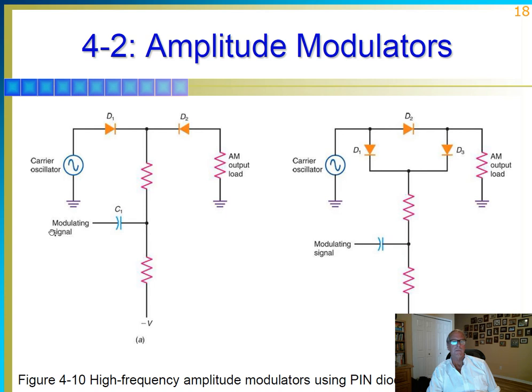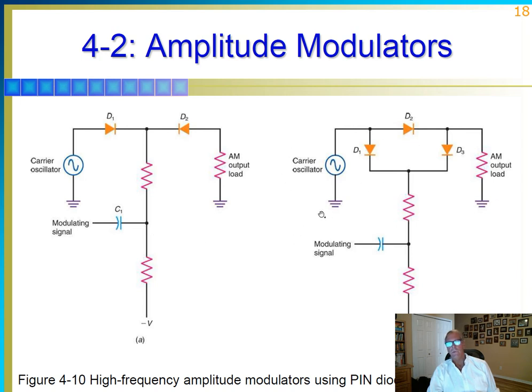As a result, it changes their resistance. So it forms a big resistor divider, if you will, in series with the carrier oscillator. Therefore, it changes the voltage divider equation, and therefore the output of the whole AM modulator.